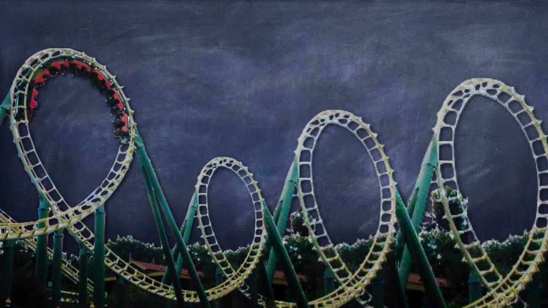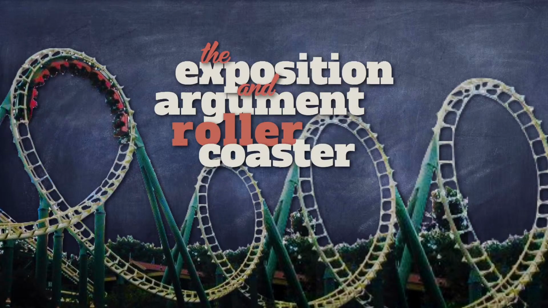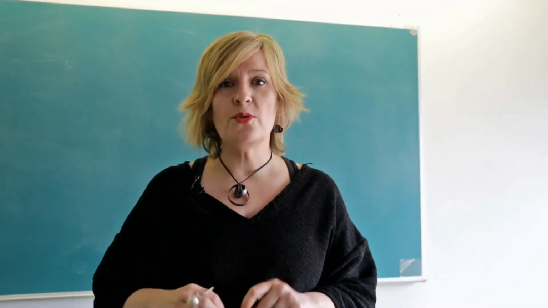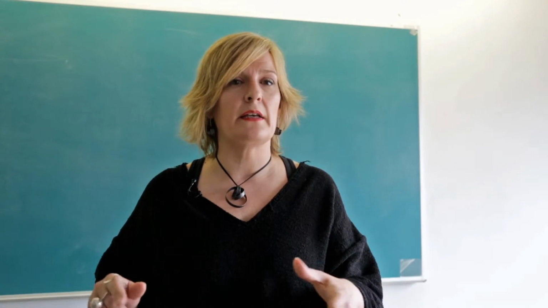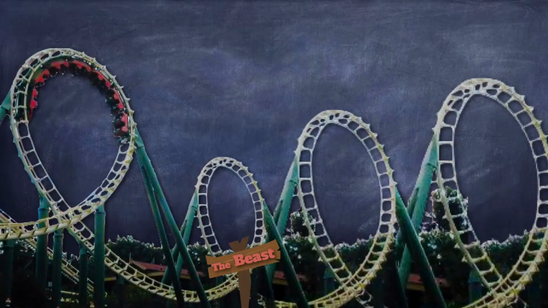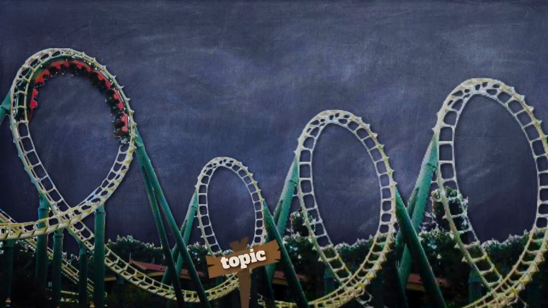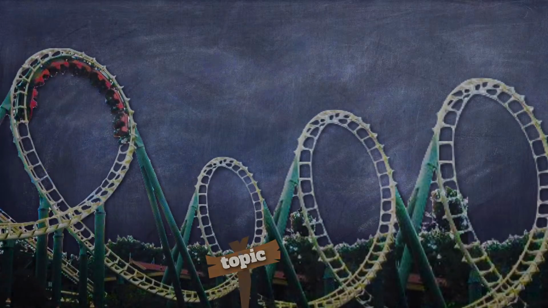Imagine a roller coaster made of a series of loops. Coasters usually have pretty interesting names like, I don't know, the Beast in Mason, Ohio? Let's say that the name of the coaster is the topic that unifies its loops and turns.